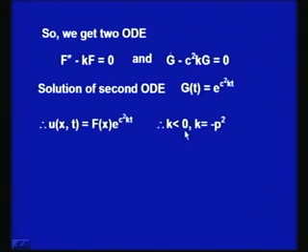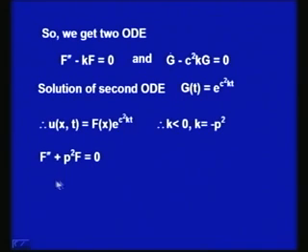So, we take k to be negative. Let us say k is minus p square. K is minus p square means my g t would be e to the power minus c square p square t. Now, the first equation will become f double dash plus p square f is equal to 0.